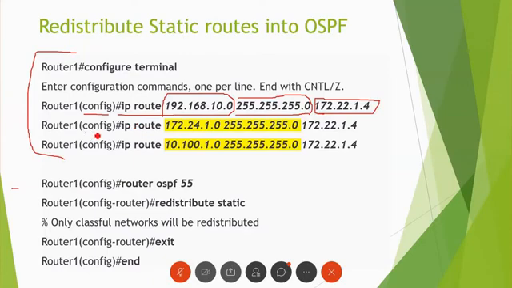And the second static route, if you observe closely, is 172.24.1.0. So basically this is class B. And if you observe the subnet mask, is this the default subnet mask?